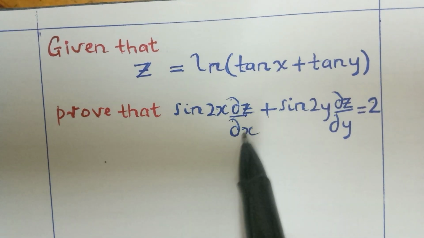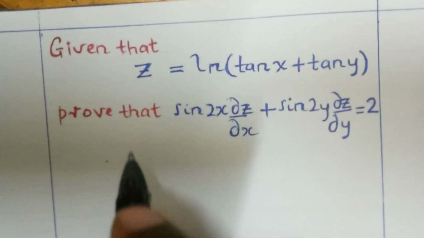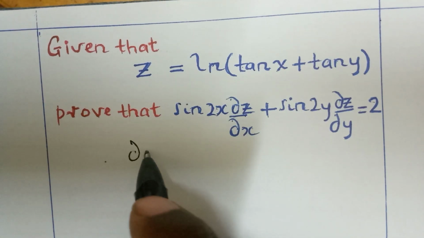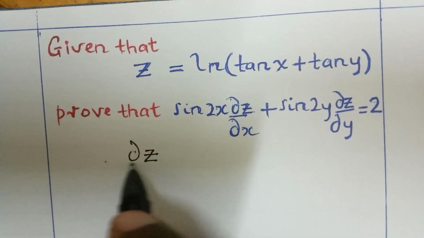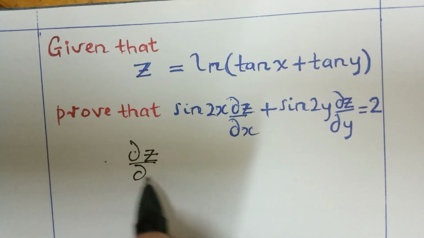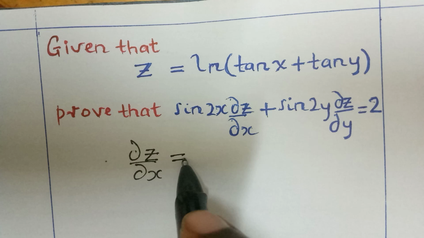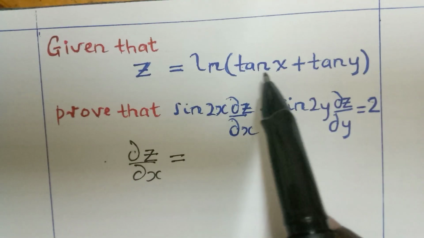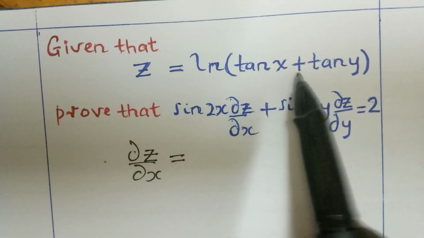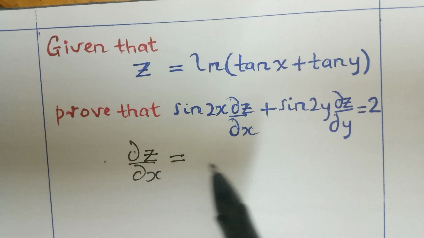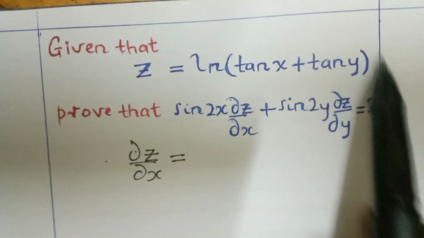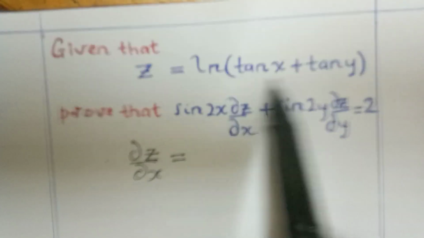The first thing we are going to do is the partial differentiation of z with respect to x, like that. We take tan y as constant. First we differentiate from the outside, ln.